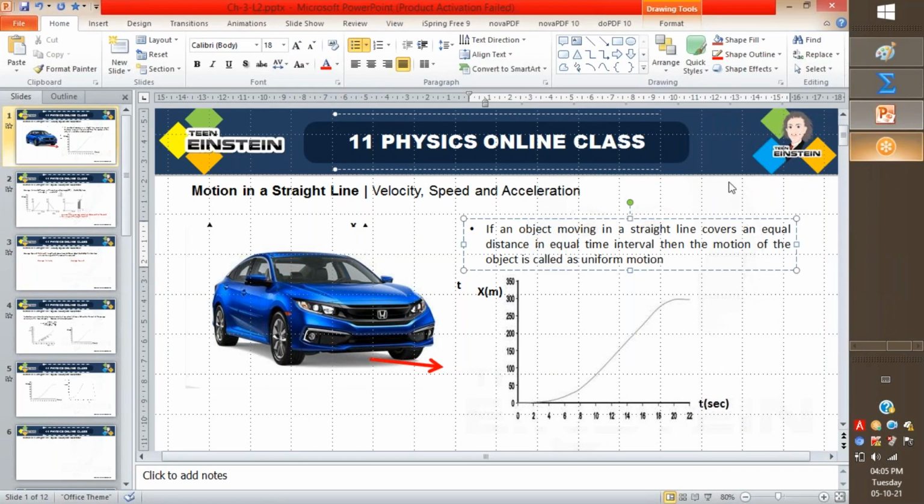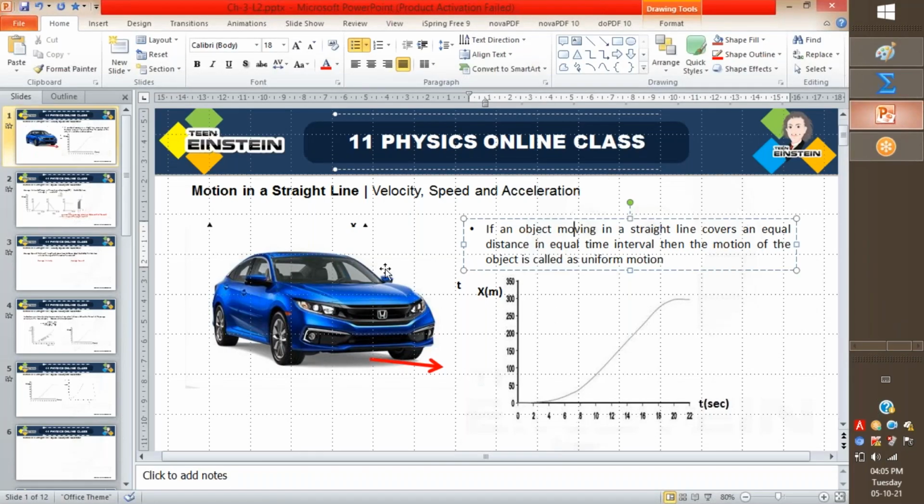So, Deepa, we had started last day the third chapter in your textbook that is entitled Motion in a Straight Line. So, motion in a straight line we had started already.